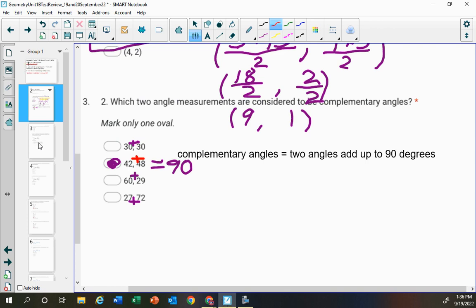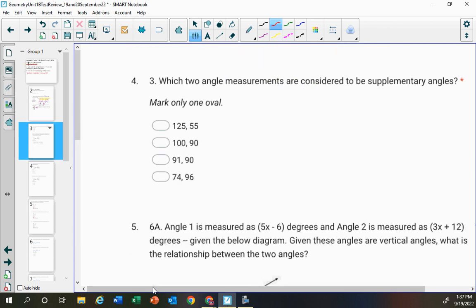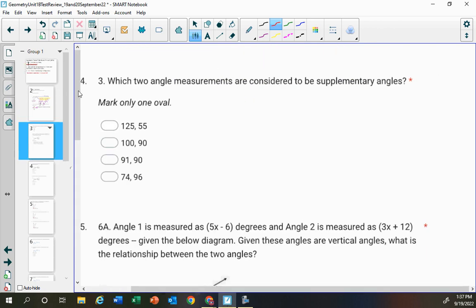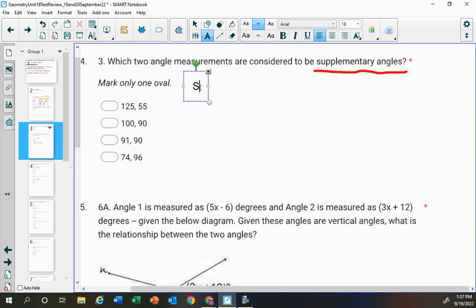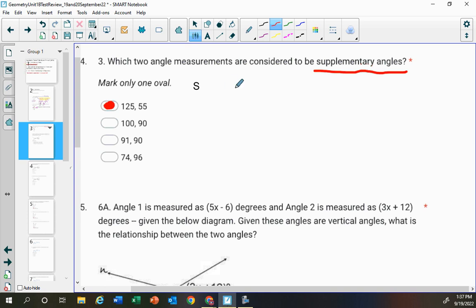All right. Number 3. If they're supplementary, that's 180. Go ahead. It's the first one. Very good, Brooklyn. She's right. It's going to be that one because you've got to check, add them up.